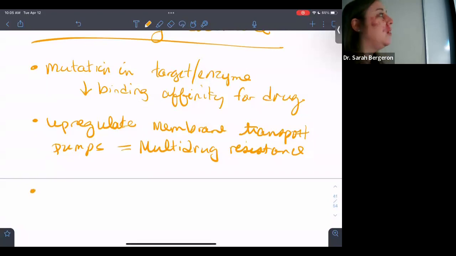Okay, there's a third one that's also specific, kind of like the first one. If you keep making this necessary enzyme, and you give somebody a dose of drug, and that dose of drug is effective, reverse.